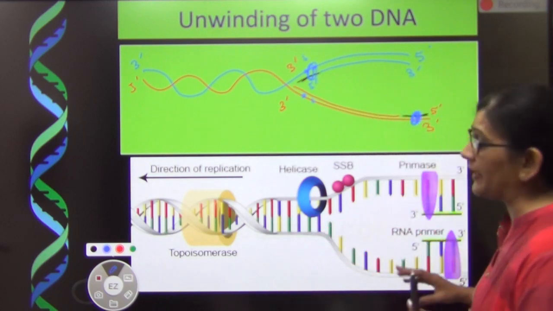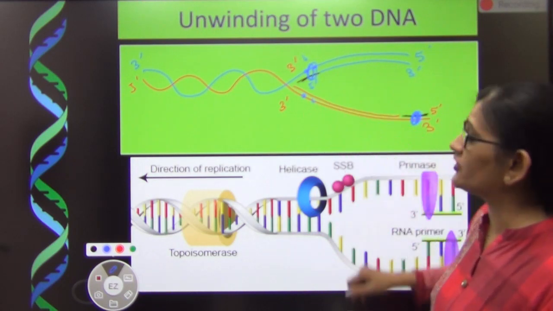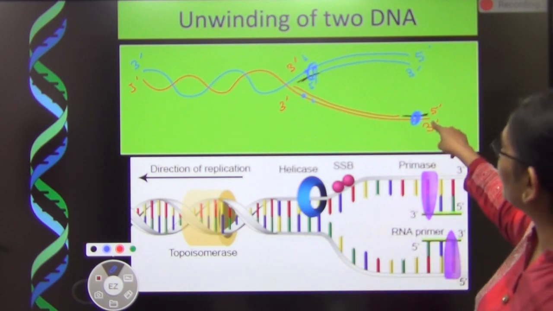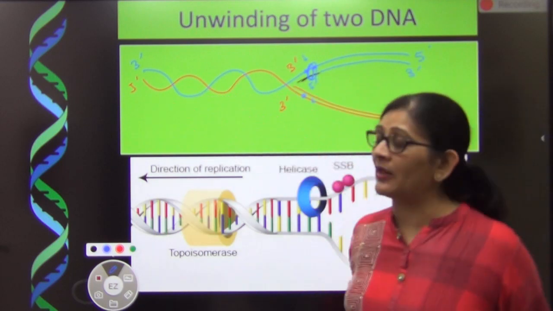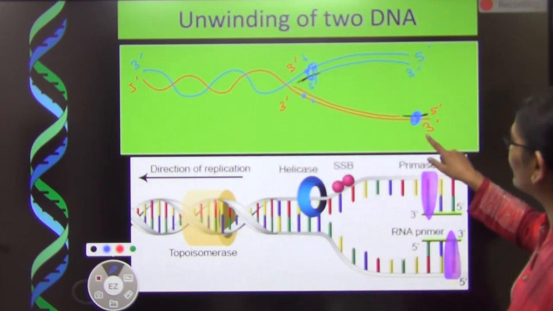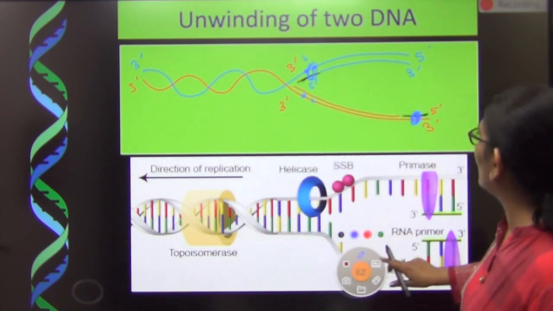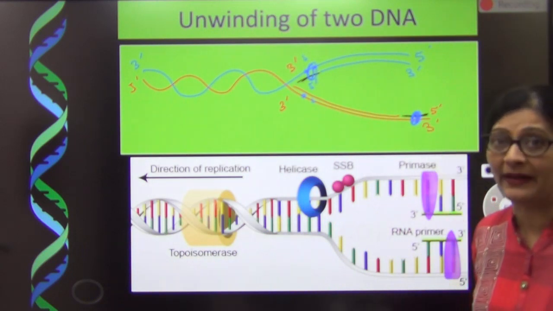So what we are trying to first figure out is the polarity. Of the two strands of DNA, the DNA which has been made in red color, you can very well see, has a polarity 3', 5', and the blue one has a polarity 5', 3'. So in this case the primer has to be added always toward the 3' end of the template strand.